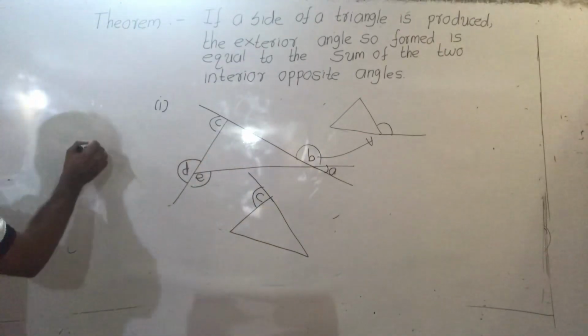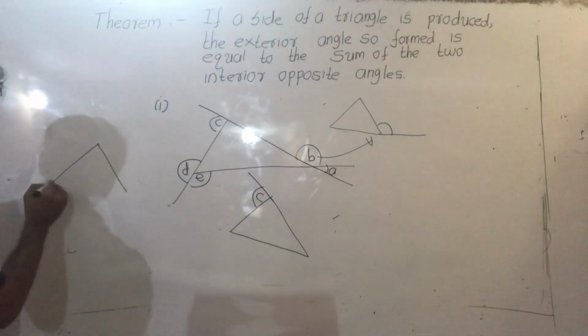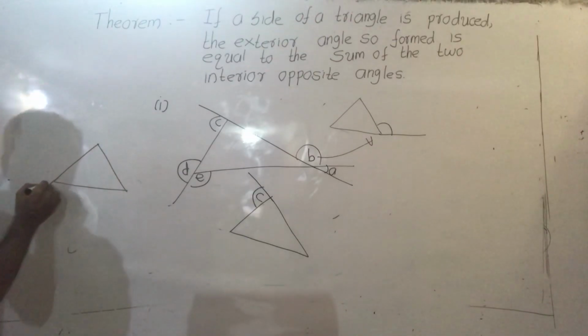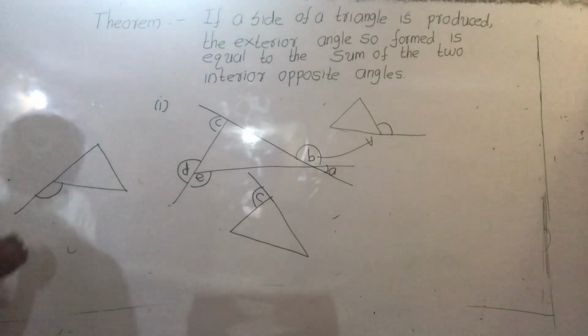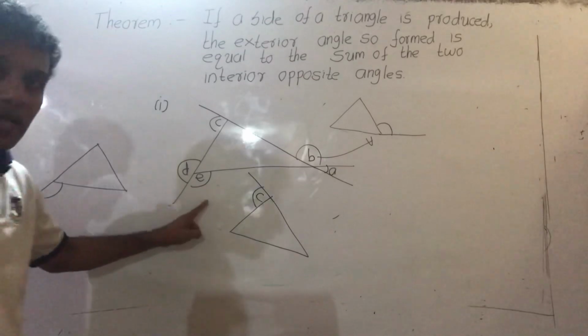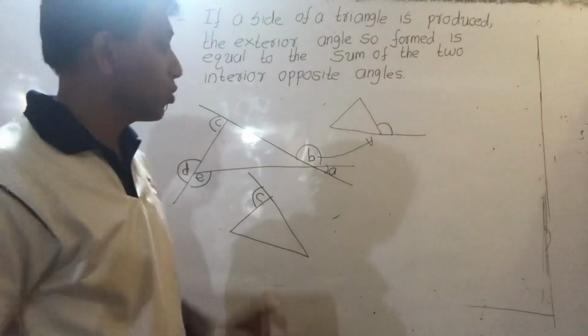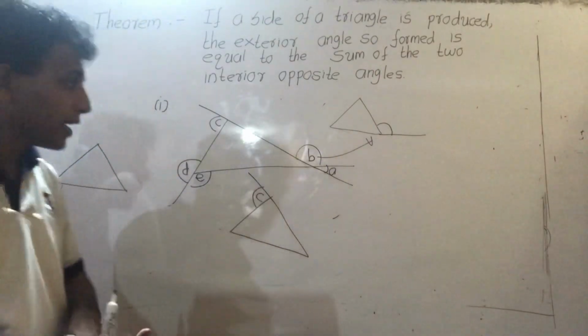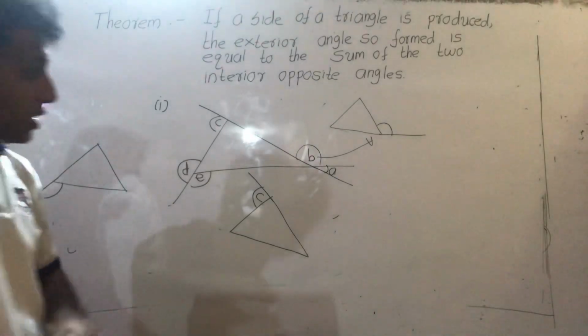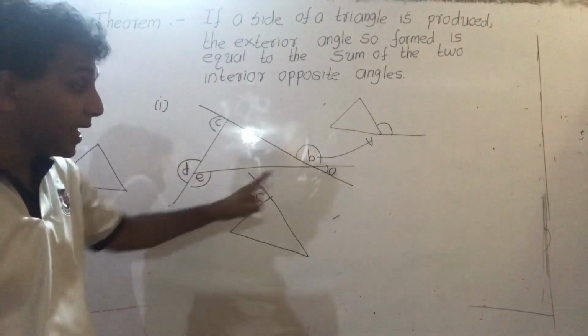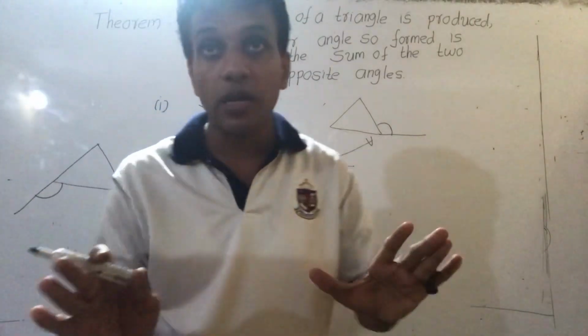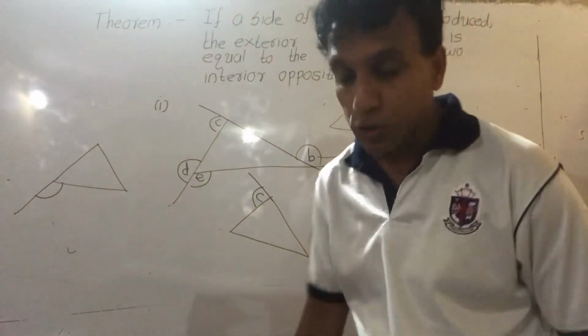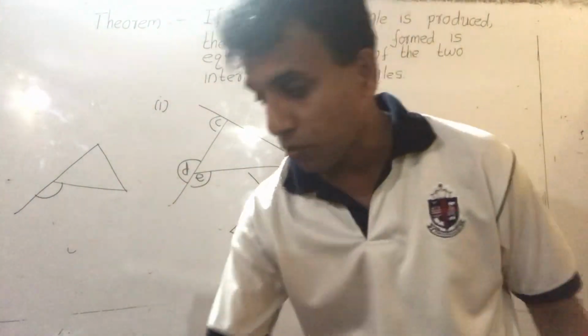And see, come here. This is the triangle. I produce this one. This is an exterior angle. What is that? E. E is the exterior angle. Okay. Here B is the exterior angle. C is the exterior angle. E is the exterior angle. A is not an exterior angle, because no side is produced. Okay. That's the answer to that question.